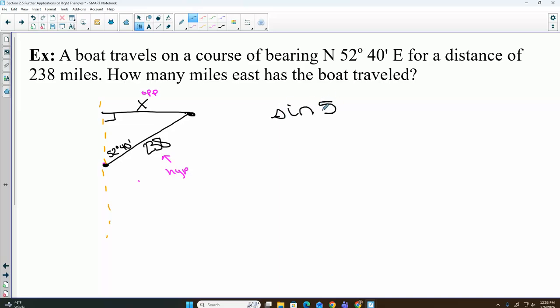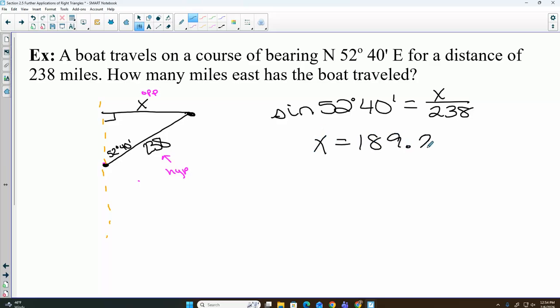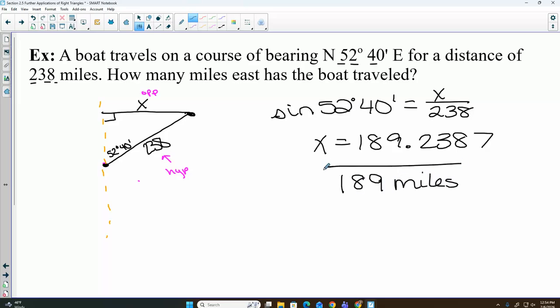So I could say the sine 52 degrees 40 minutes equals x over 238. 52 degrees, 40 minutes, that's 3 significant digits. 238 is 3, so if I round this to 3, we get 189 miles. It's a more straightforward example, I think.